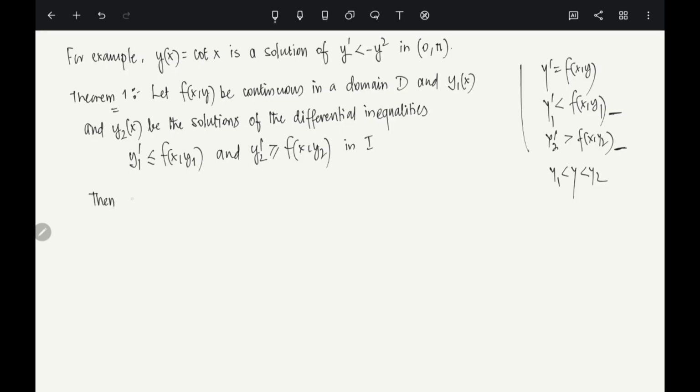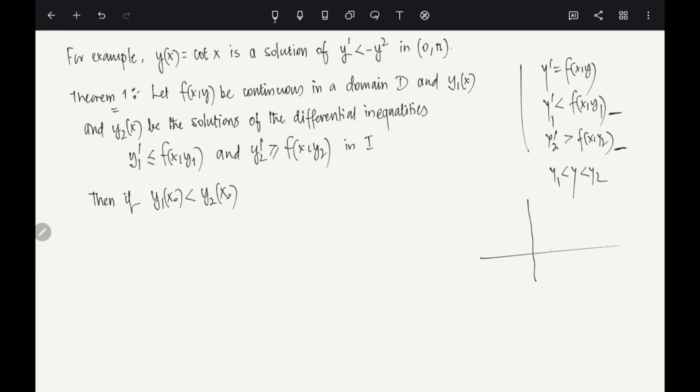Then if y1 of x naught is less than y2 of x naught, essentially what I am saying is this: y1 is following some rule and y2 is following some rule, and I want to trap my y between y1 and y2.